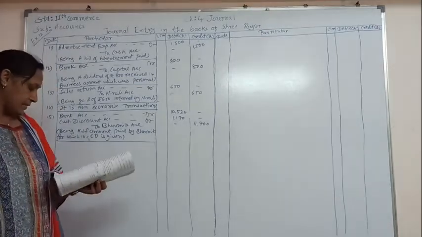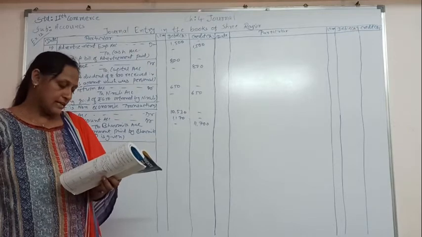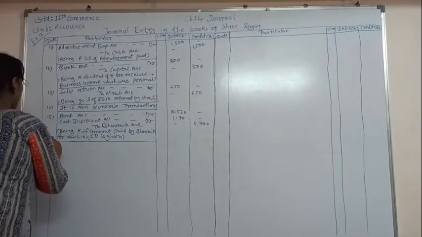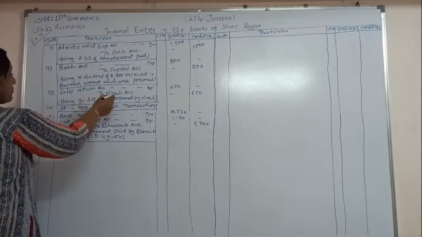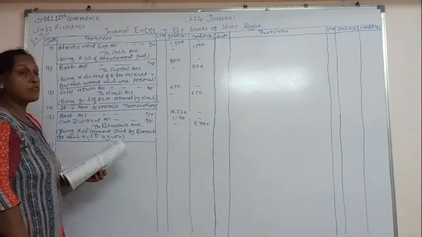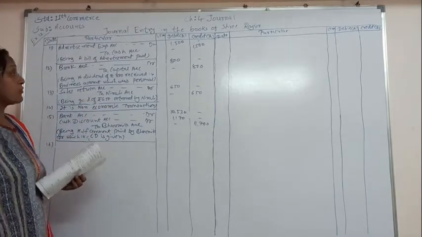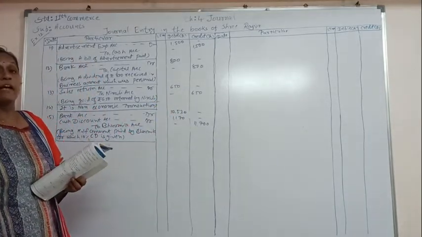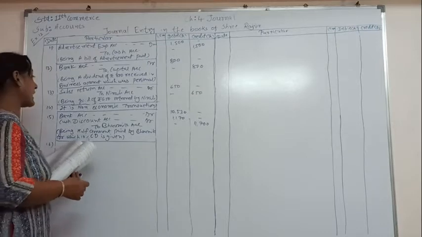Now let's see goods returned by Nirali sent to Kruti. So here on 16, the goods that we received from Nirali we have sent back to Kruti. So from this we have to take out the profit portion, and for that we have to make the calculation.